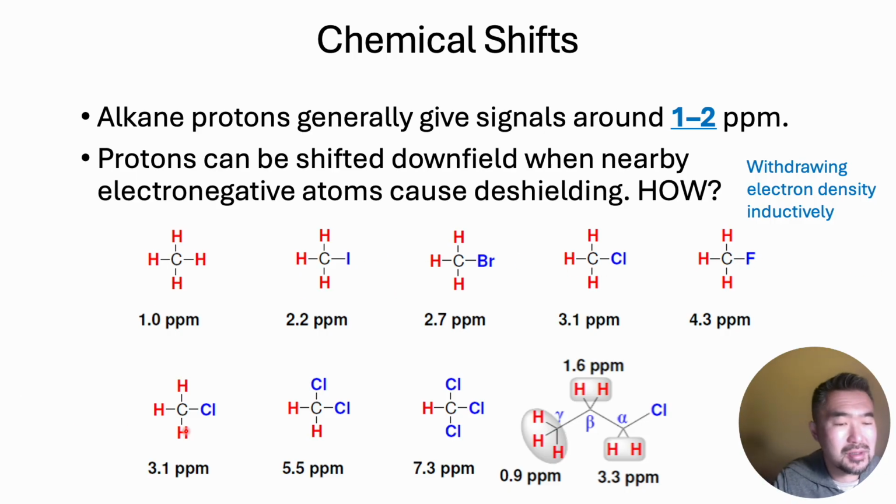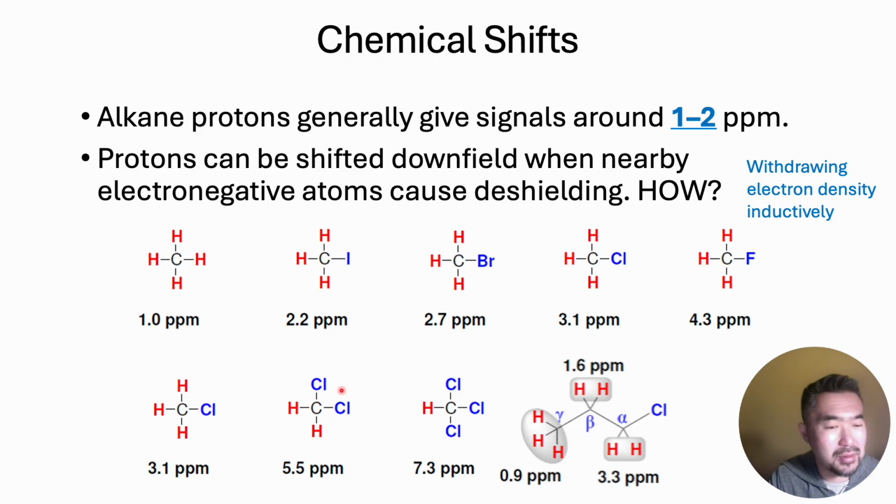And I want you to notice in the bottom row how the effects of these electronegative atoms like chlorine are additive. When you have one chlorine, it's about 3.1 ppm for this methyl, but when you have two, it's 5.5, because going from methane to chloromethane, chlorine shifts about 2.1 ppm downfield, and that is multiplied by 2.